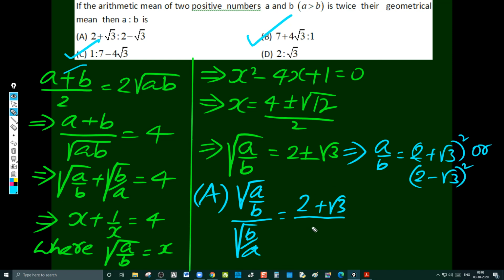If you rationalize, this is also correct. Root a into root a, root b into root b, so 2 plus root 3 by 2 minus 2. It is also common sense that if you rationalize this, you will get the option B. If you rationalize it, you will get denominator 1. The numerator will be 2 plus root 3 whole square. So both are correct, please. So option A also correct, Prathamesh.